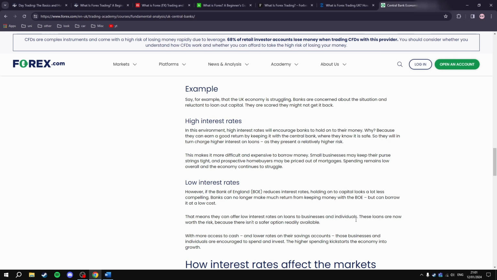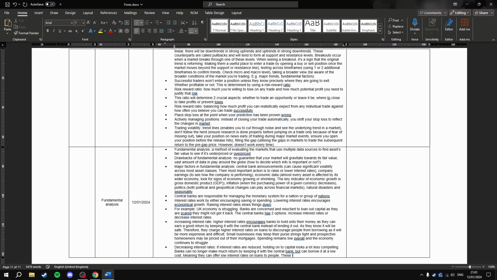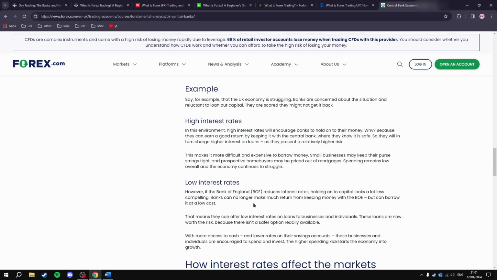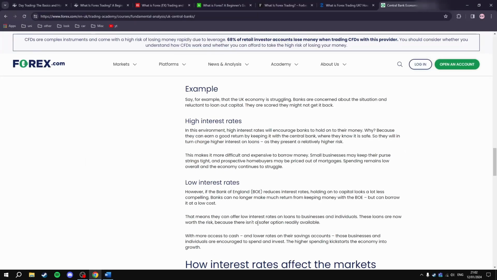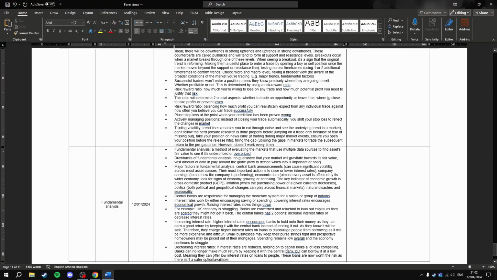These loans are now worth the risk because there isn't a safer option readily available.